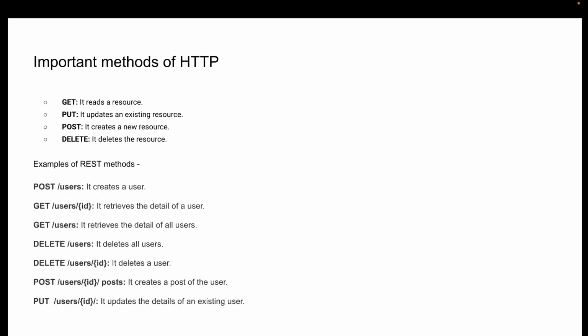So this is one of the important HTTP methods as well. Let's see another HTTP method. This is DELETE. DELETE is an HTTP method as well. By name itself it is evident that we want to delete the resource.